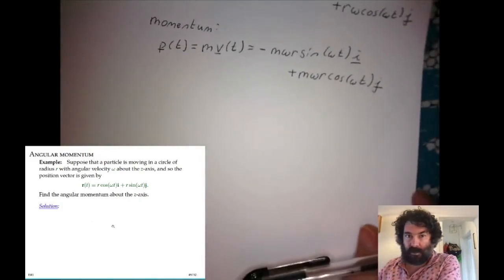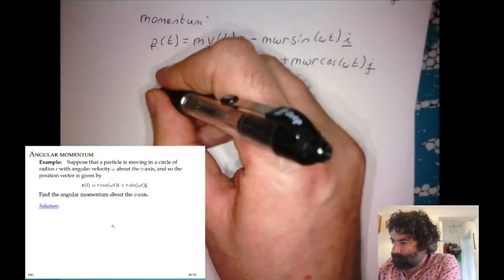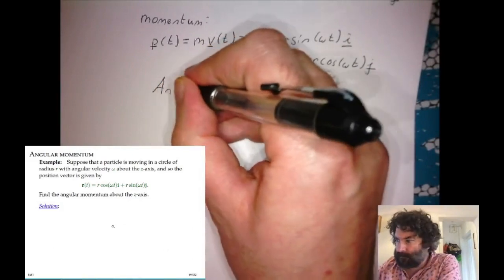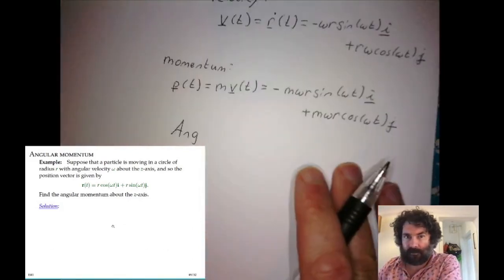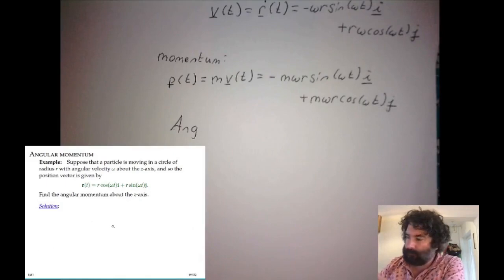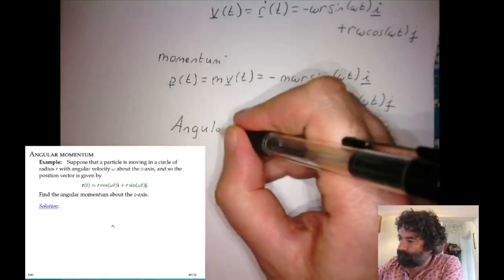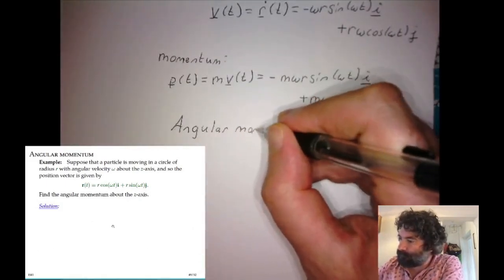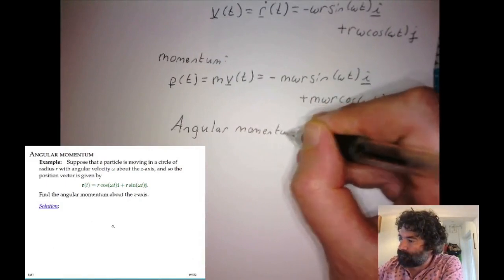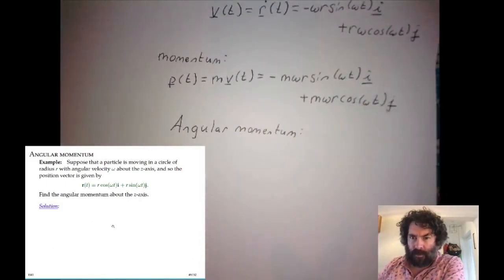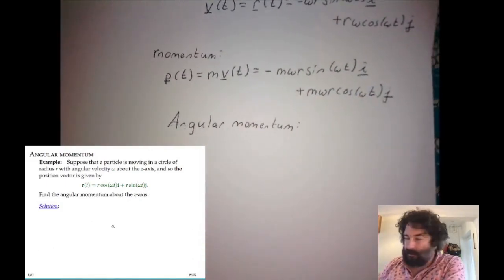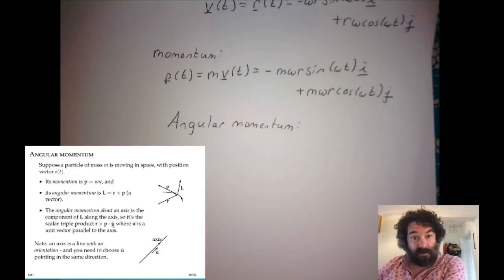The angular momentum. I'm going to remove the slide here in a minute to give myself more room, but let me just remind you what the angular momentum was from the previous slide.